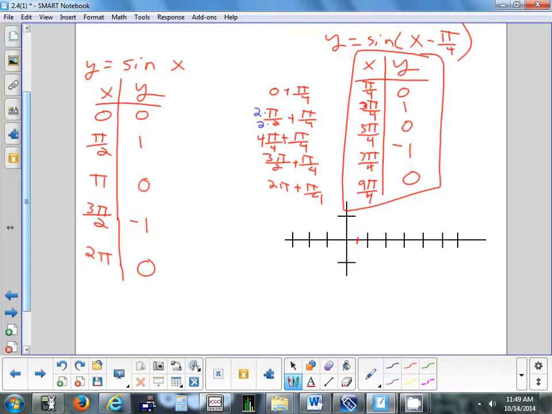So this would be pi over 4, and then the mark would actually be 90. But 135 is halfway between 90 and 180. It's right in the middle.